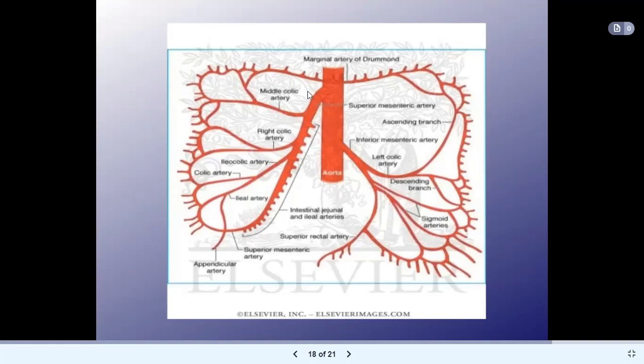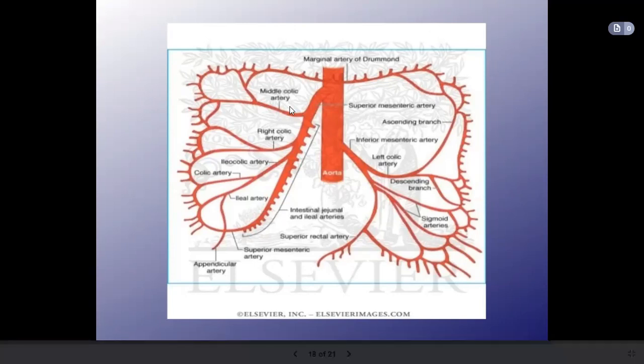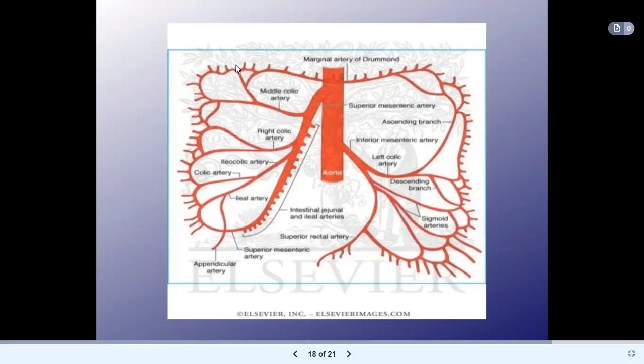Now, if we look at the superior mesenteric artery also, we'll find the branches: the middle colic artery, which supplies the proximal two-thirds of the transverse colon, as we said before.